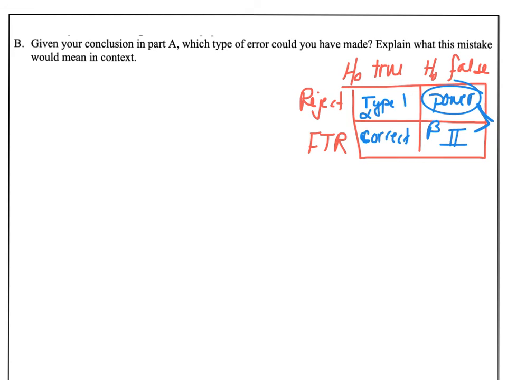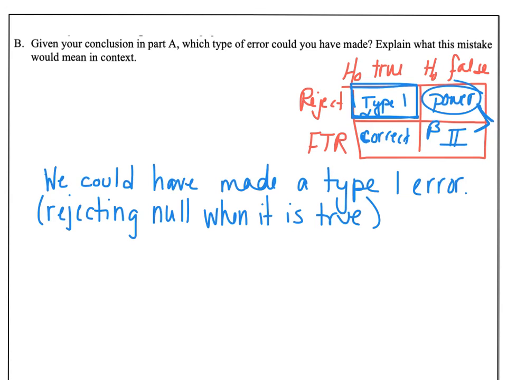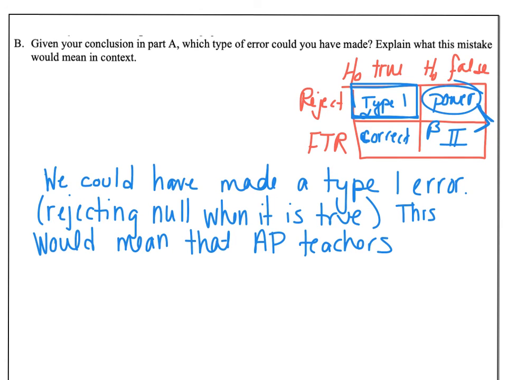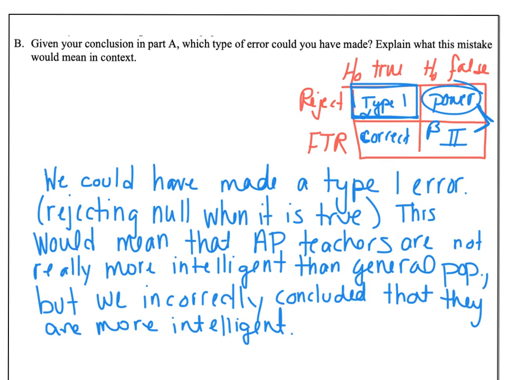So what type of error could we make? Well, we rejected. And if it were an error, it would be this scenario right here, a type 1 error. So we could have made a type 1 error, rejecting the null when it is true. Let's put that into context. This would mean that AP teachers are not really more intelligent than the general population, but we incorrectly concluded that they are more intelligent.